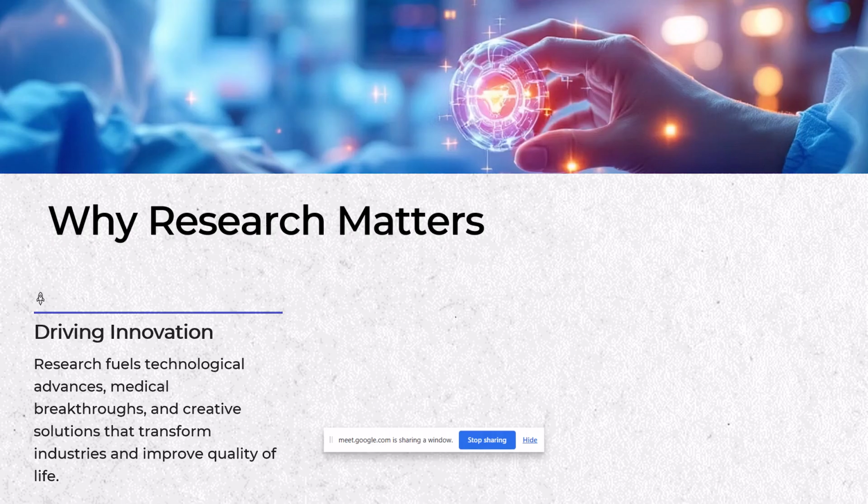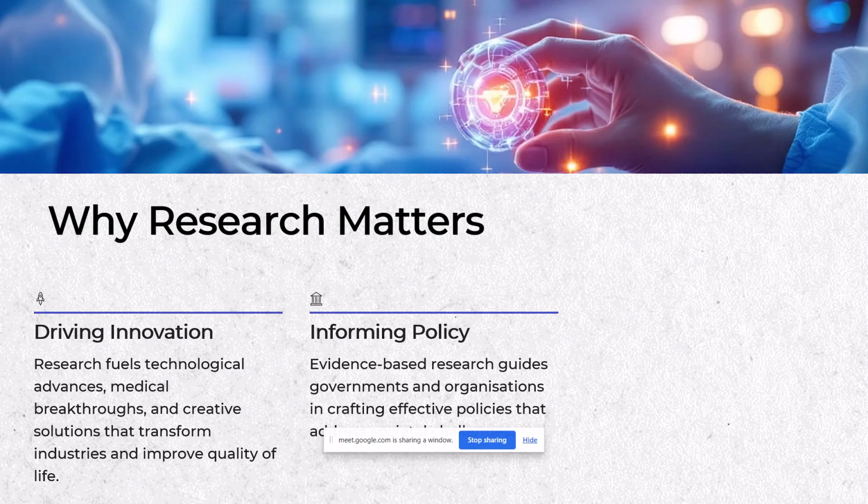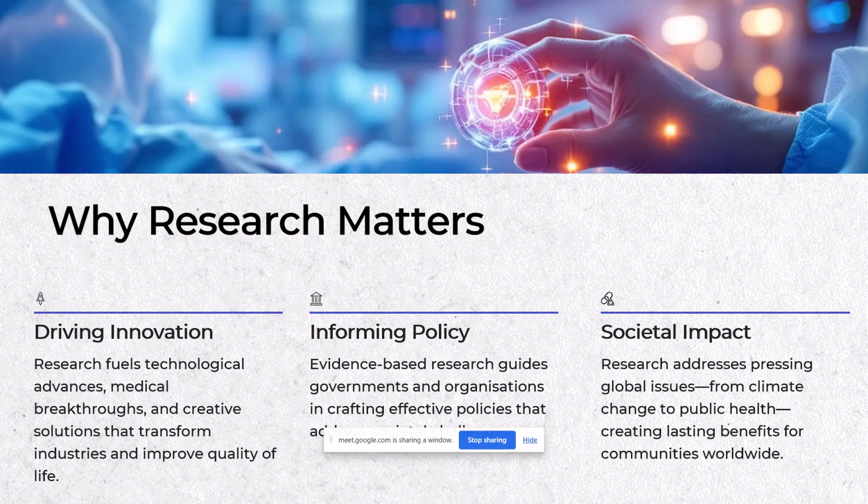Research fuels technological advances, medical breakthroughs, and creative solutions that transform industries and improve quality of life. So it's driving innovation, informing policy, and also having societal impact. That is directly linked to the goals of research.